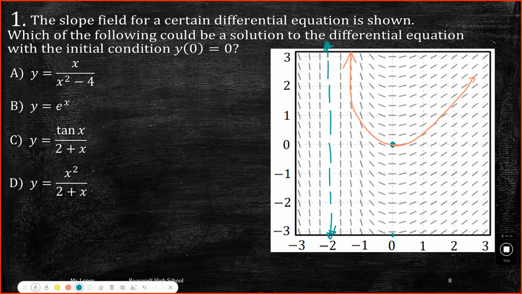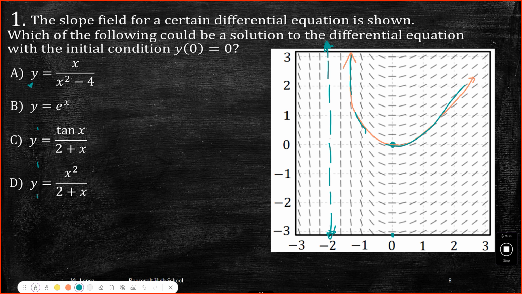Why can it not be B? Because this is not dy dx. They're saying that these are solutions. What would be the antiderivative to this graph? And the antiderivative is the particular solution. How can we figure out which one of them would be a particular solution?